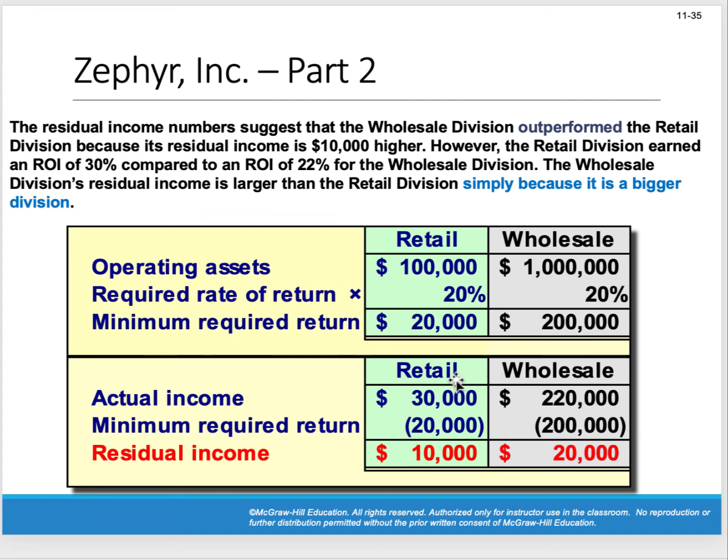So if we look at it from an ROI perspective, Zephyr had 30% return on investment compared to the wholesale division, which had 22%. Okay. So actually, based on that, the retail division did better because they had a higher return on investment. Okay. The key takeaway here is really that you can't say that one division's better than another division based on residual income, unless they're the same size. Okay.